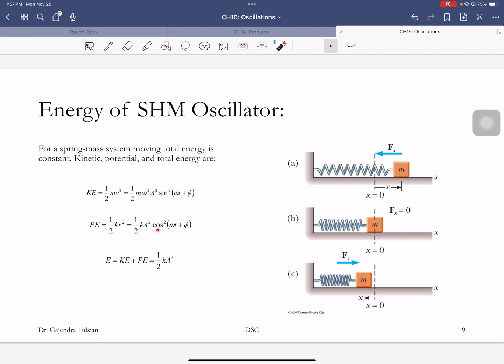The potential energy depends on time, kinetic energy depends on time, but their sum does not depend on time. That's a constant of motion. The total energy is the same at all times. This is with no damping present.